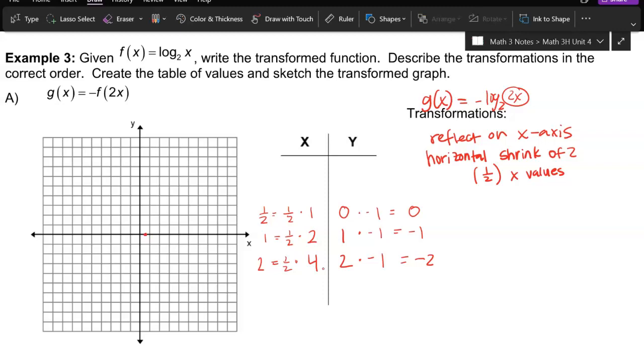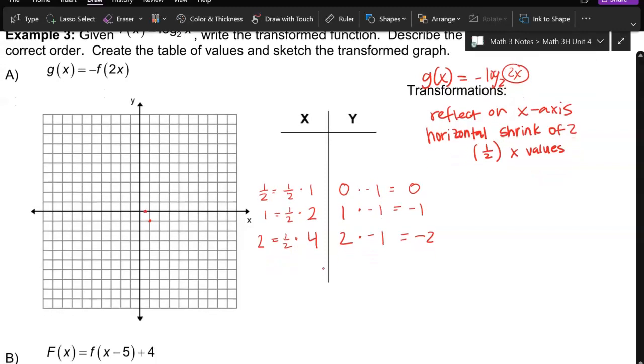And then 1, we're at -1. And then 2, we're at -2. So remember, it's flipping it upside down.